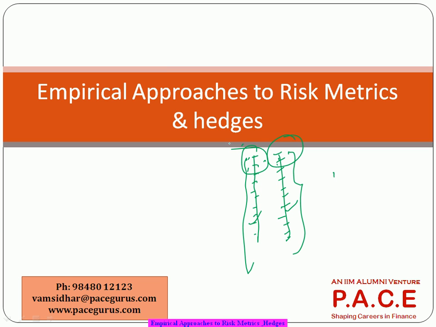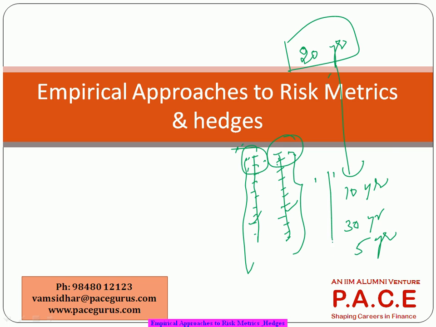So probably, let's say I want to hedge my 20-year maturity bond, right? I may use a combination of some 10-year bond, some 30-year bond, or probably some 5-year bond. I may use a combination of these three bonds to hedge the risk on this bond, right?